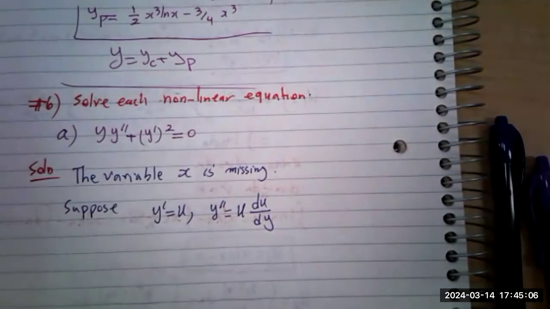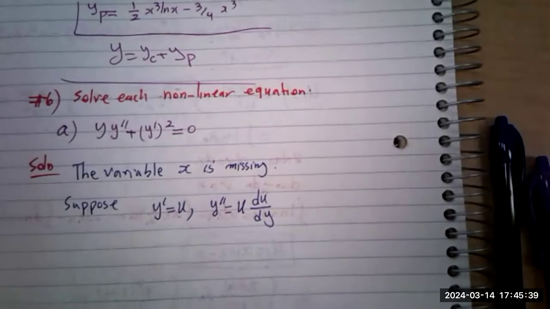When you don't have the x, you cannot talk about du dx because there is no x. So you change it to an equation in terms of u and y. That's why you have to create du dy to be able to do it. That's the format. But if you do the other one, y prime u, y double prime u prime, you'll be fine, because all the primes are derivatives with respect to x. That is the nature of this problem.